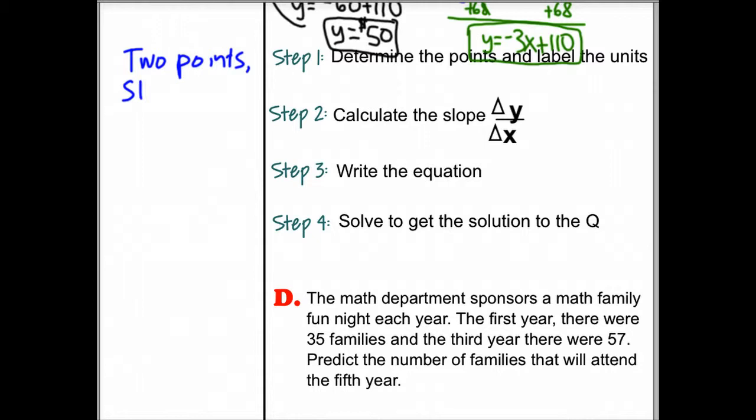And our slope is not given, or rate. Then we do these steps. So first we find out what our points are, then we calculate the slope, then we can write the equation and solve to get the solution.